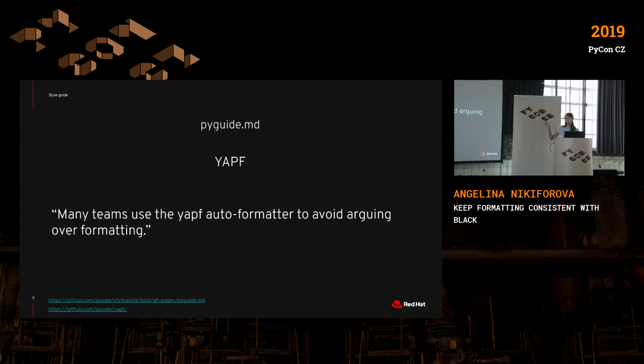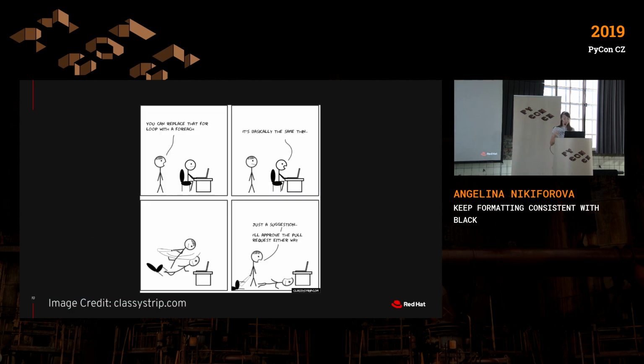I like one interesting thing about it: in PyGuide MD, they reference their auto-formatting tool, saying that many teams use the YAPF auto-formatter to avoid arguing over formatting. So as you see, I'm not the only one who believes that we need to enforce a style guide.